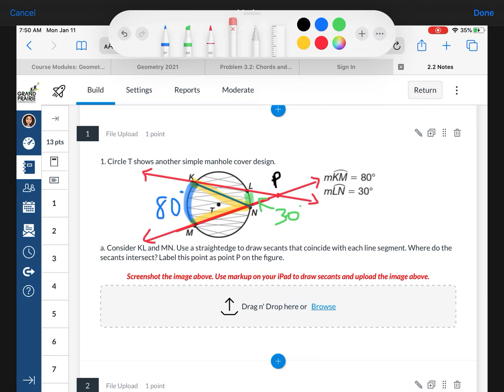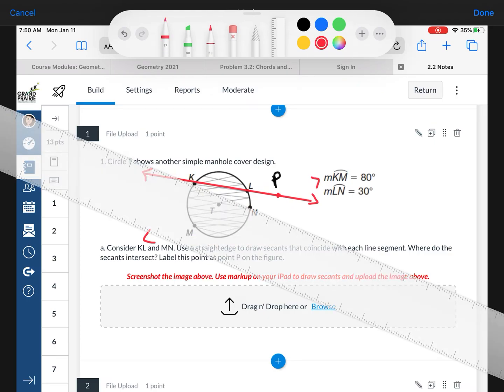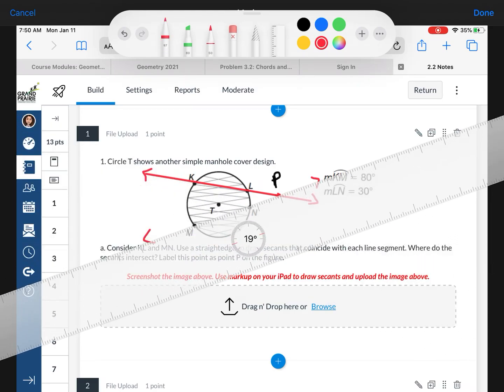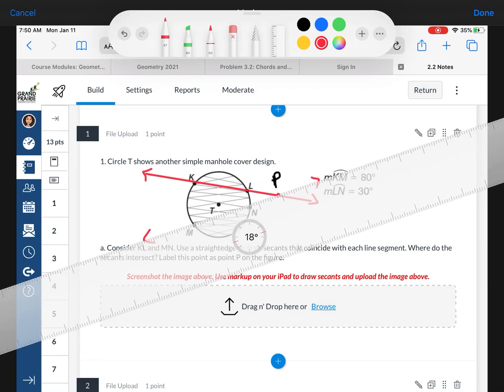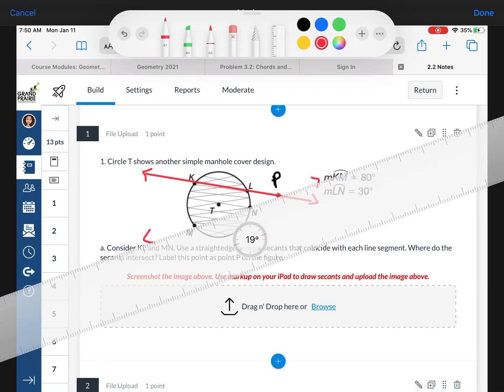Triangle KPN. Okay, so we are going to erase this information here. And I erased a very important line, which was my secant line. Let's go ahead and draw that again.